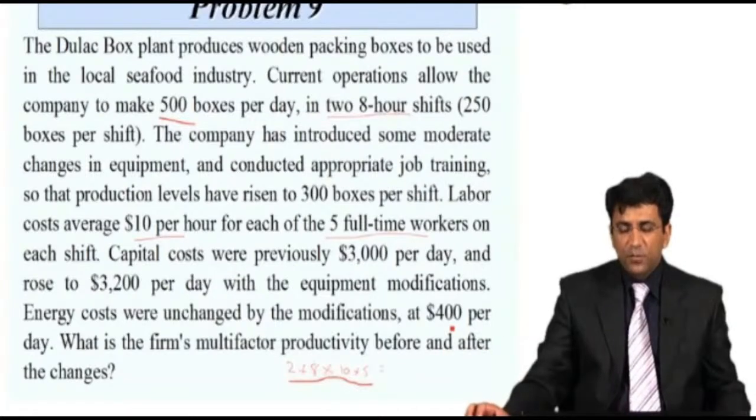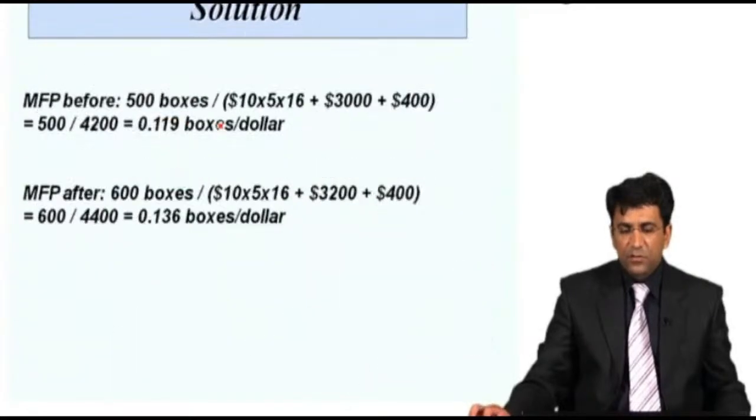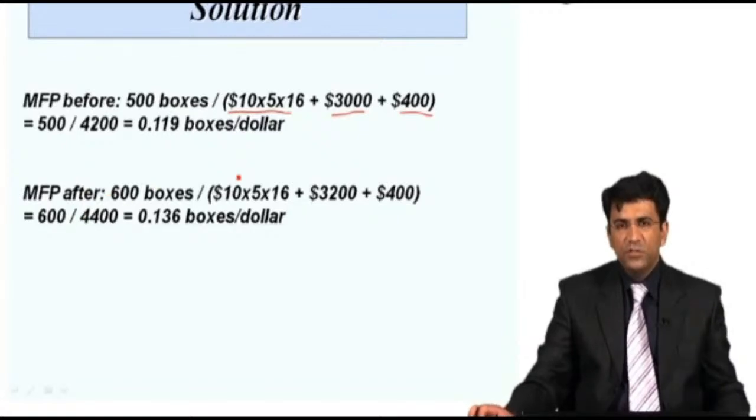So our total inputs will be labor input plus capital cost plus energy cost. So our old productivity will be equal to 500 divided by 4200, which is 0.119 boxes per dollar.